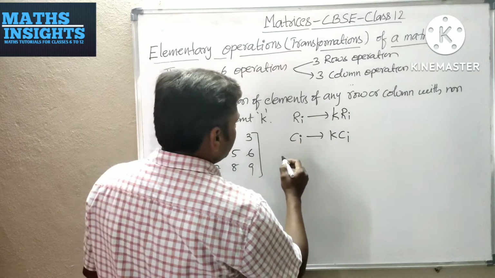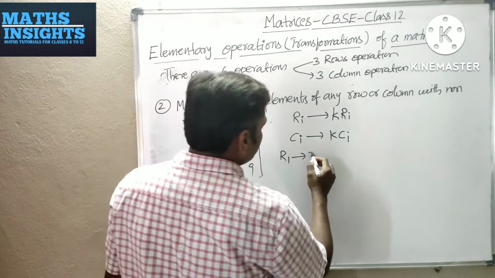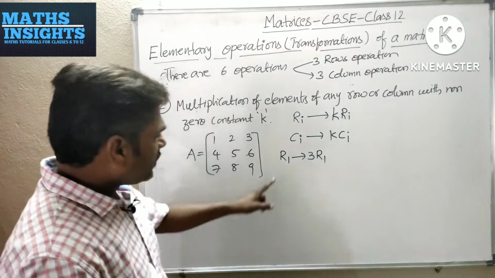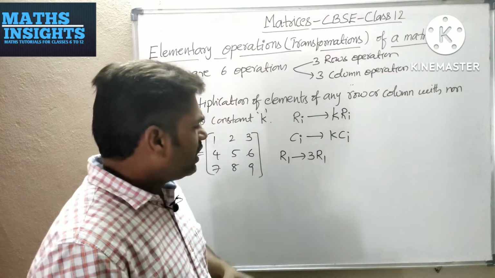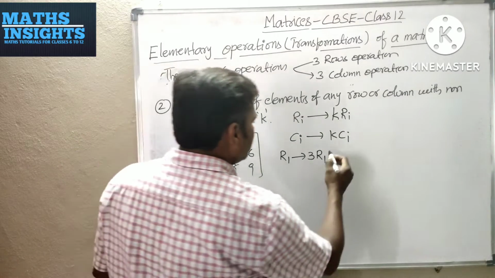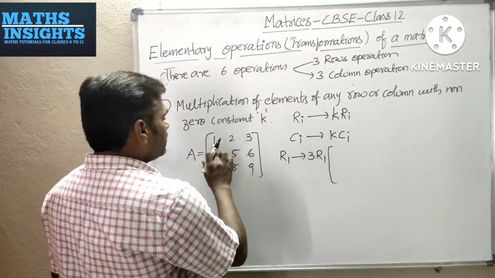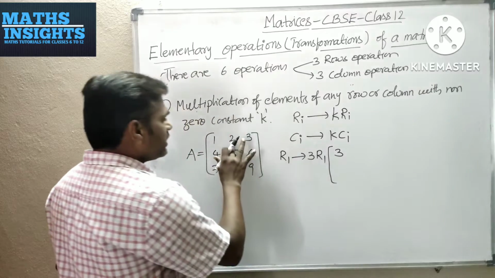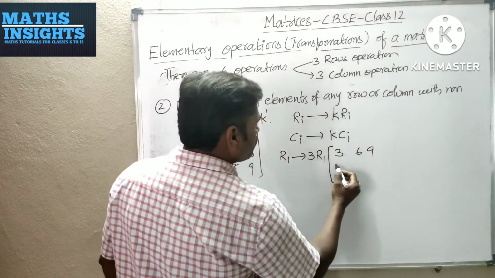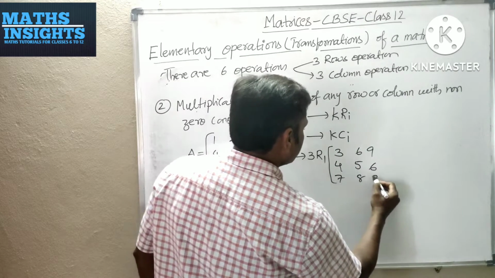What I am doing here is multiplying the elements of row 1 with a non-zero constant 3. Let the constant value be 3. Then R1 becomes 3 into R1. Other rows are unaltered, that means intact. So concentrate on whatever is changing. 3 ones are 3, 3 twos are 6, 3 threes are 9. The remaining elements you write as they are: 7, 8, 9.